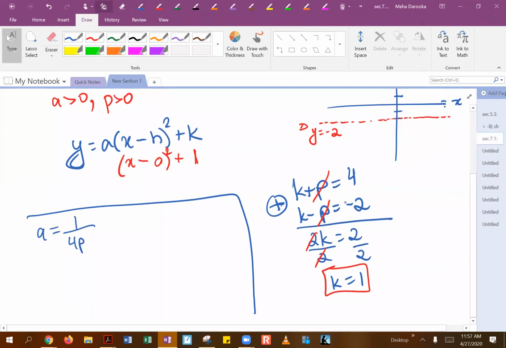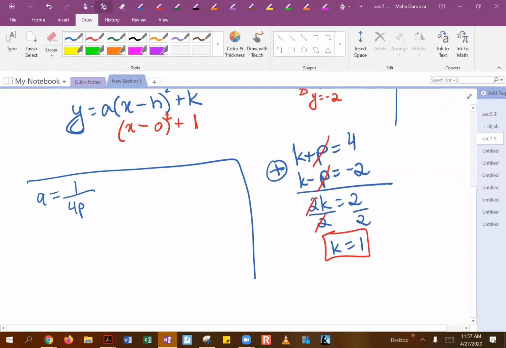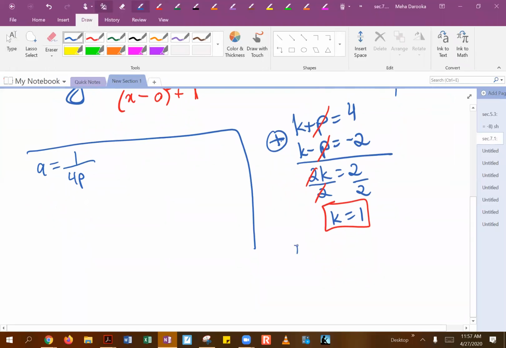So let's go ahead and write that down. What we're going to do is come back to our system of equations here on the right, and using any one of these original K plus P, K minus P equations, we need to find out what our P value is going to be. We can use that first equation, K plus P equals 4.